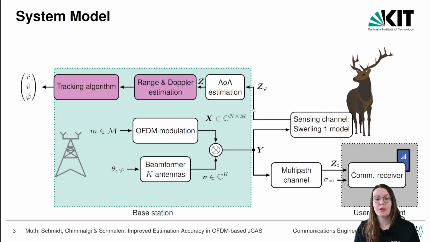Then we receive it with our multiple antennas, estimate the angle from that, apply receive beamforming, then estimate range and Doppler from the composite signal and afterwards also apply tracking. And then we get an estimate for range, radial velocity and our angle of arrival.